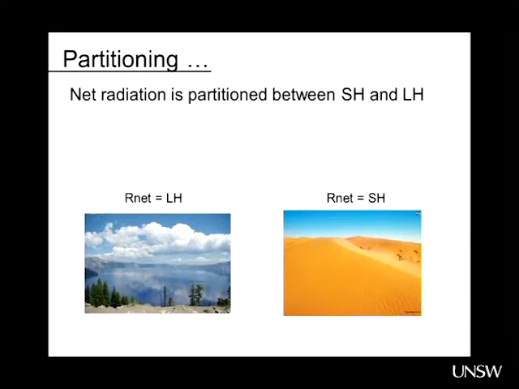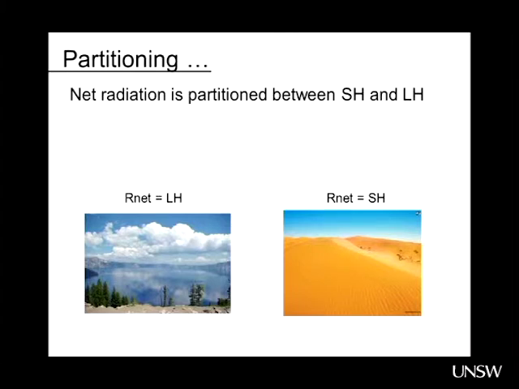Depending on the nature of your landscape, profoundly depends on how the net radiation is actually used. And here are two nice, simple examples, which don't take too much thinking about. If you have a lake that's wet, because most lakes on average are wet, even in climate models, you will use all your net radiation to generate latent heat or evaporation.